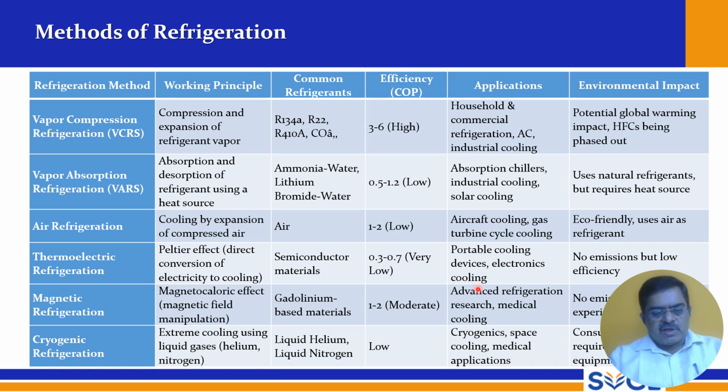Cryogenic refrigeration: cryogenic space cooling, medical applications, consumes high energy, requires specialized equipment. That is the environmental impact of cryogenic refrigeration. So these are the different methods. I have made a brief comparison here, and in coming units we are going to see all these refrigeration systems elaborately.